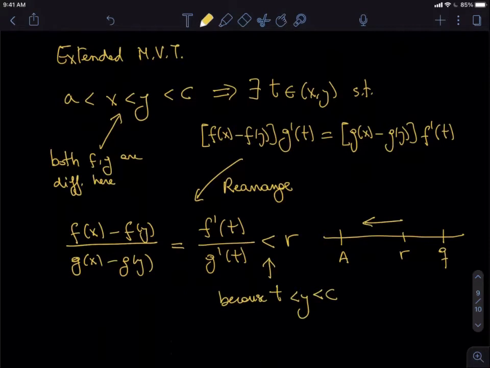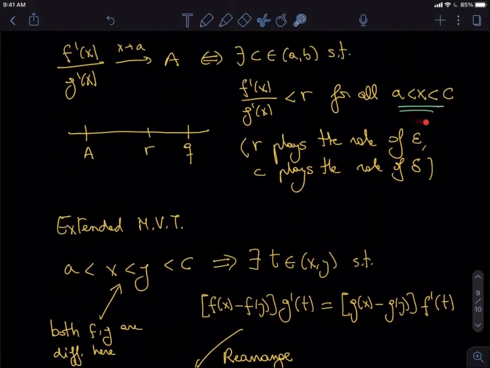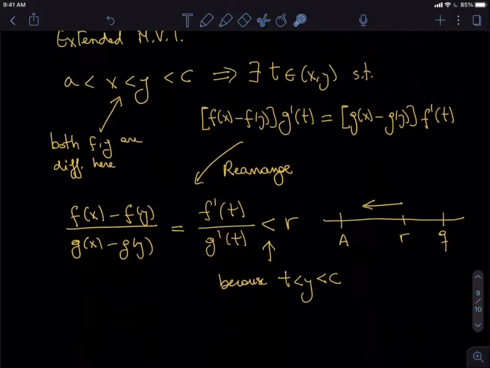Okay, so that means, again, remember the way we define c. c was such that the quotient of the derivatives was less than r, okay, for every x between a and c. So there we go. Here we are using this property I just said.